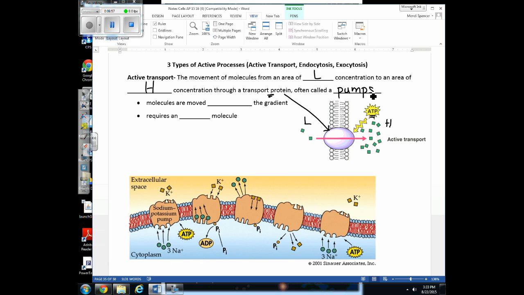So that's why that protein is sometimes called a pump. So if molecules are being moved from low concentrations to high concentrations, then we say that they're being moved up or against the gradient. Remember that diagram I showed you? High, low, and we're moving up or against the gradient. And this is going to require an ATP molecule every time these molecules are moved across the membrane.